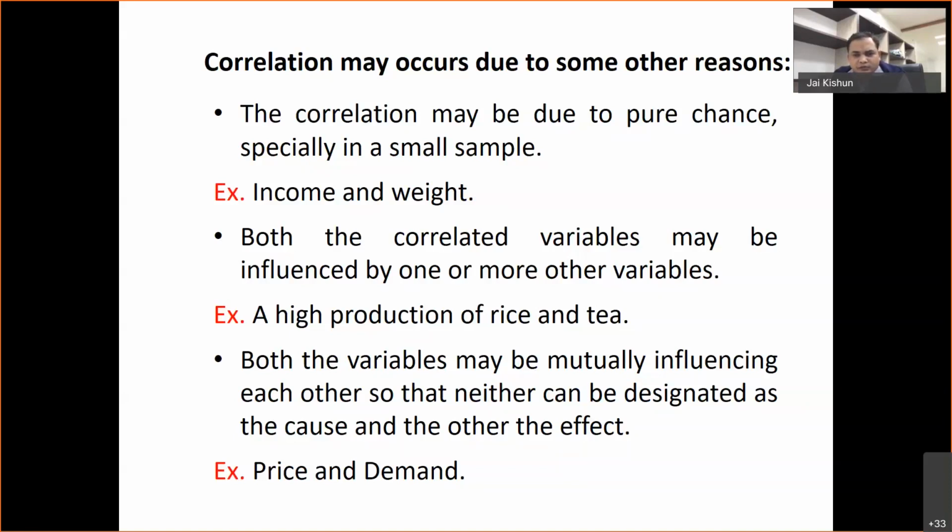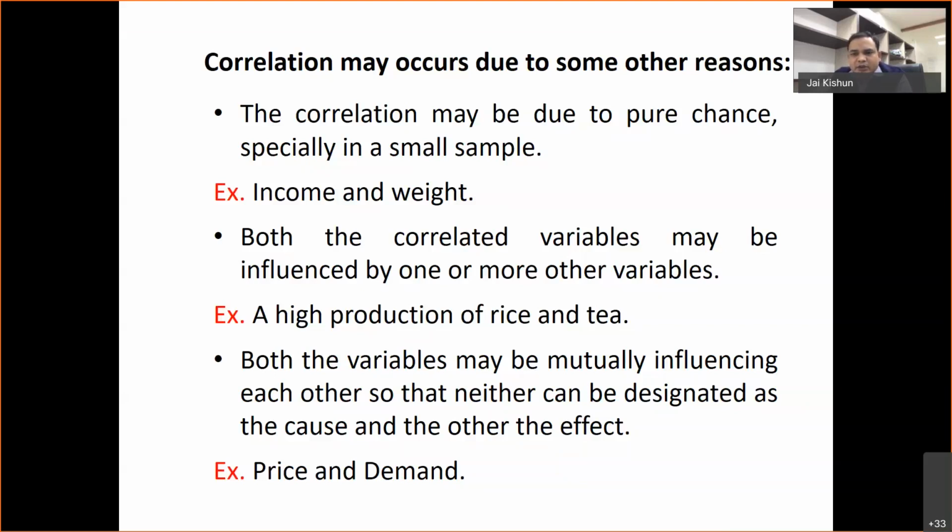The third reason is that both the variables may be mutually influencing each other, so that neither can be designated as the cause and the other as the effect. Like earlier we said that when the price of a commodity increases, the demand decreases.